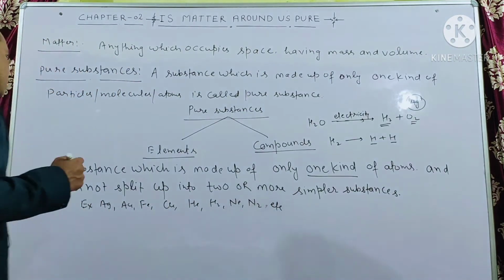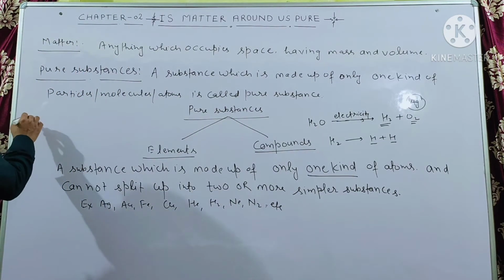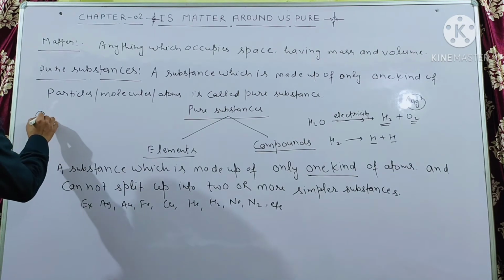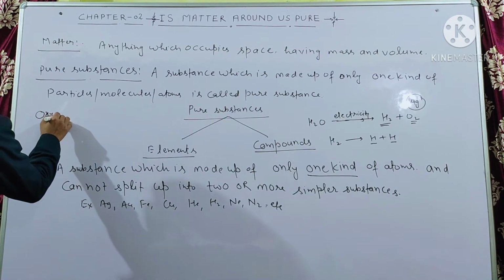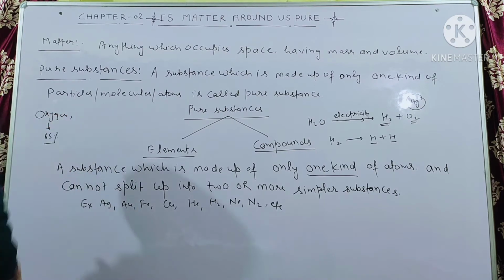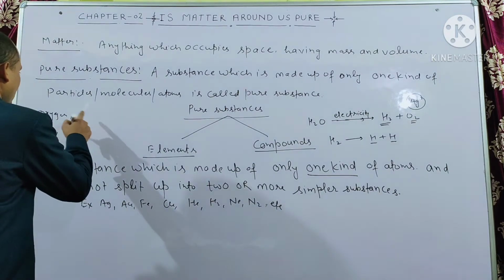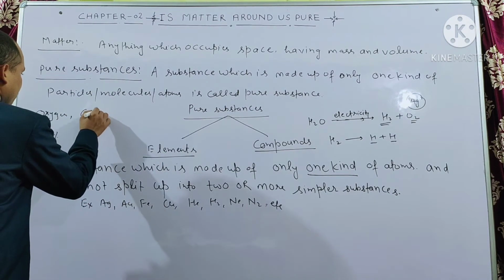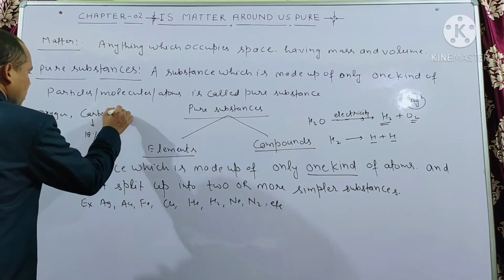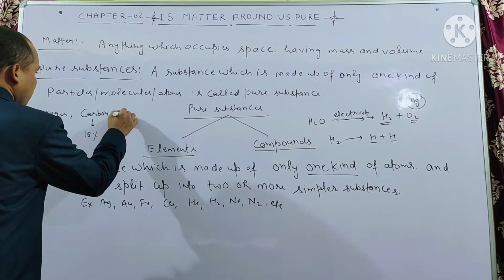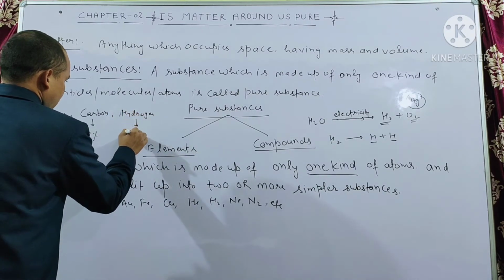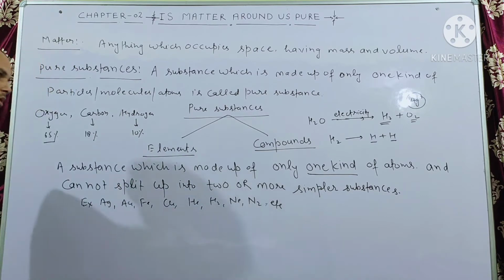Now, here, oxygen is 65% in our body, carbon is 18%, and hydrogen is 10%, right?